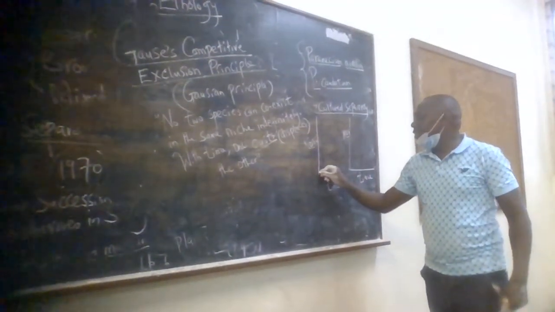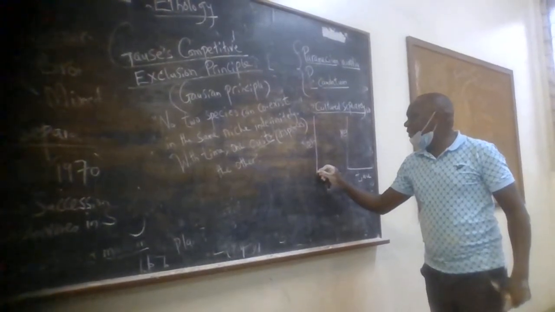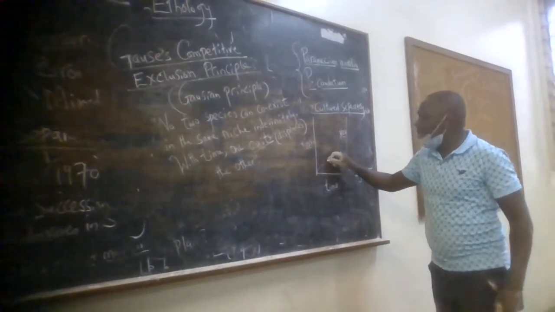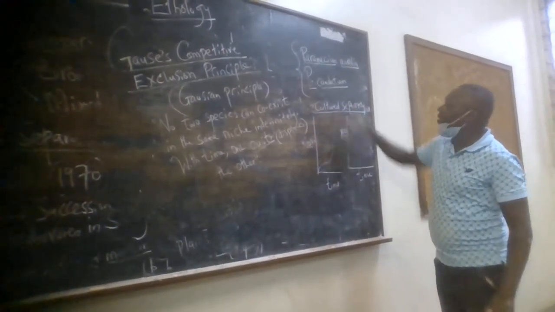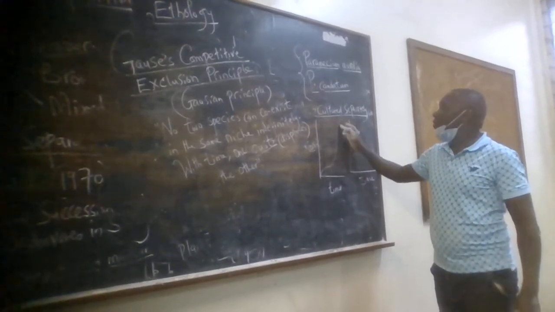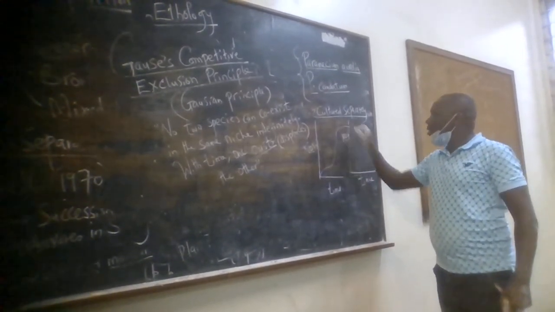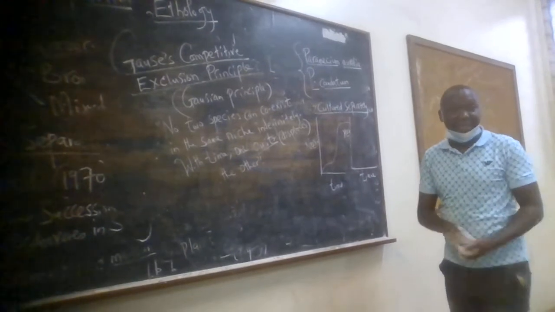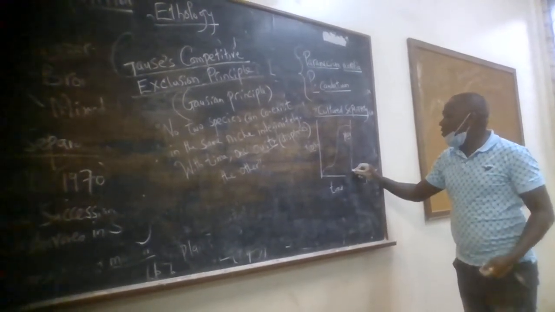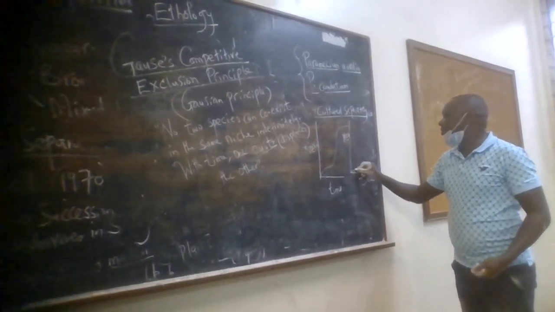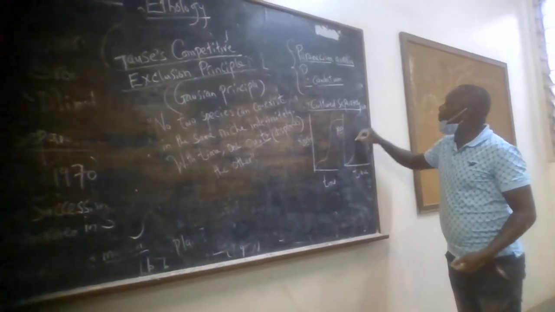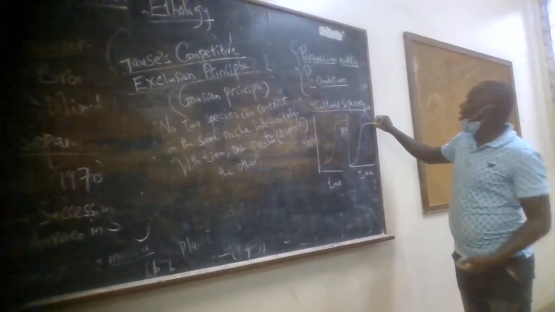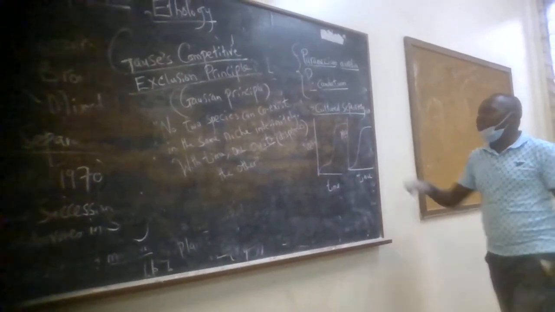A sigmoid curve begins with a lag phase, followed by a longer phase of exponential growth, and then a stationary phase. So even here, we got a lag phase, followed by a stationary phase, sigmoid.